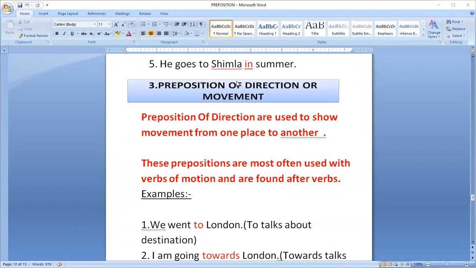Students, please study this chapter again to understand where we use in, on, at as a preposition of place and preposition of time. And in the preposition of direction of movement, you notice that we use to, towards, up and down. Okay students, I hope you have understood what a preposition is and its different types. Okay students, thank you.